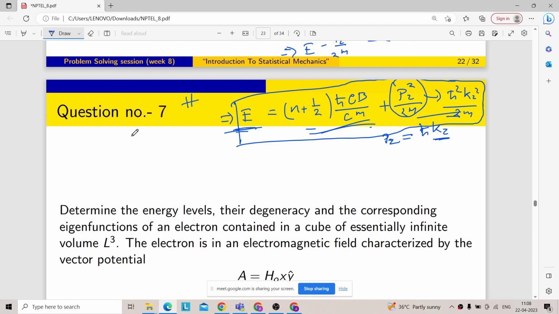Now I'm not going into detail, but we can write the wave function from this also. I'm just giving you the exact solution for this.